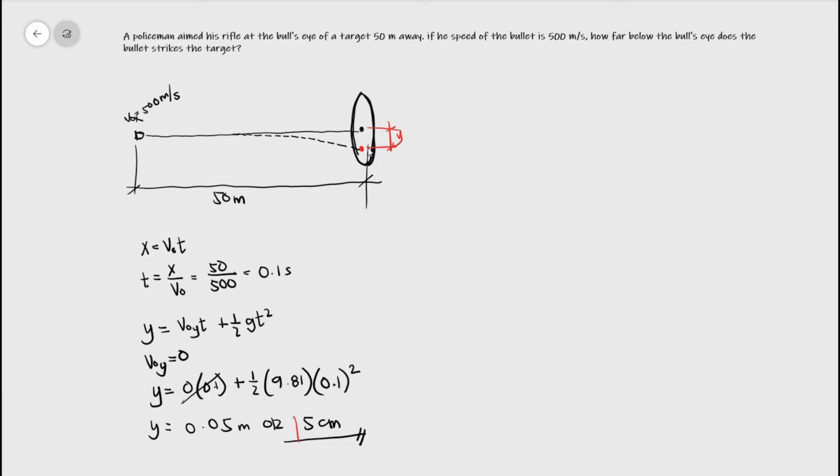Okay, this will be our answer, meaning 5 centimeters is the distance below the bullseye where the bullet hits the target. Okay, this is our target.